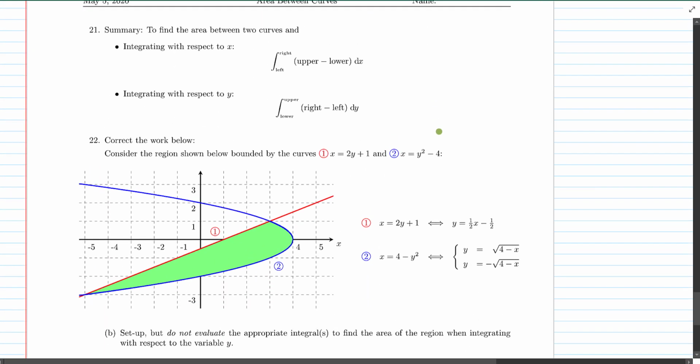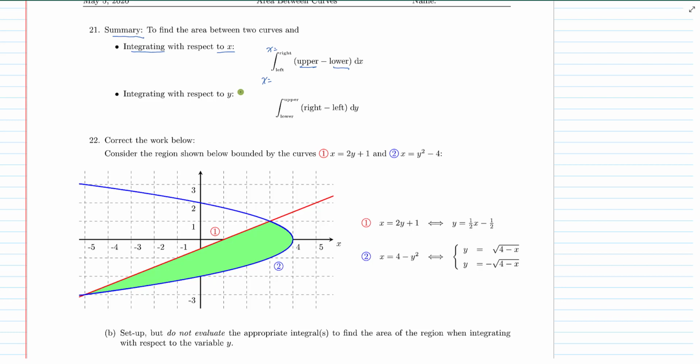Okay, folks, all I have here is a summary of what we just looked at. When we're integrating with respect to x, we go ahead and write from x equals our left value to x equals our right value, and we do the upper curve minus the lower curve. Remember that expression upper and lower has nothing to do with where the x-axis is and has everything to do with which curve is giving larger, more positive functional output values than the other. Okay?